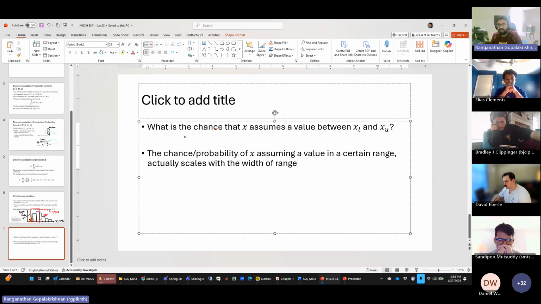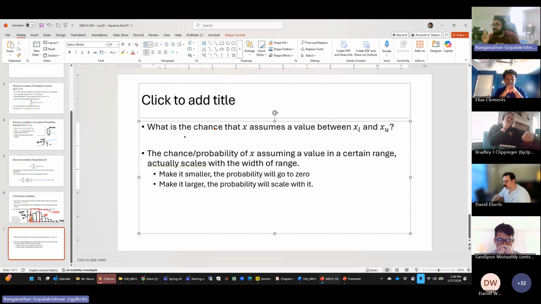You make this range smaller, the probability will go to 0. Make it larger, the probability will scale with it. You make it larger and larger, it will look like it's almost certain that it will be something. It's like asking, what is the probability that the height of a person will fall between 4 feet and 7 feet? What would you say?